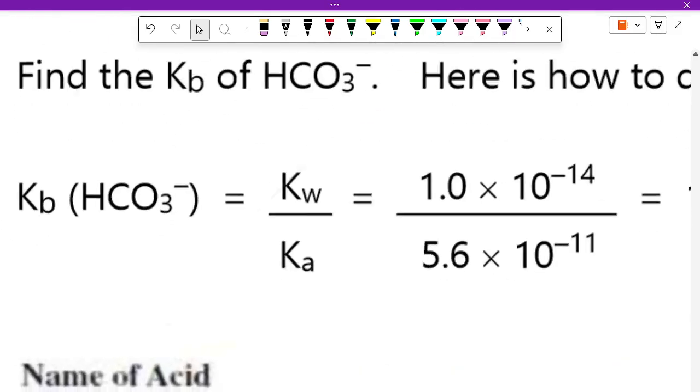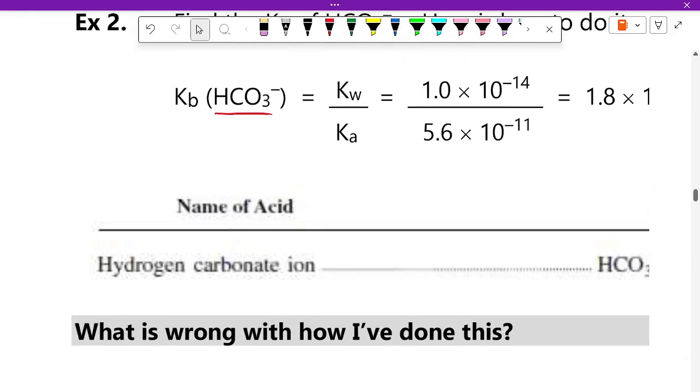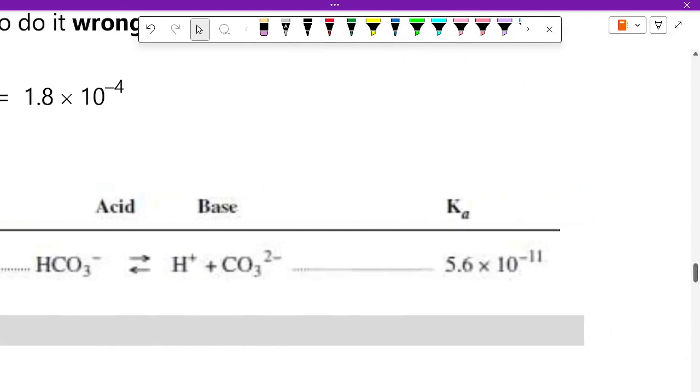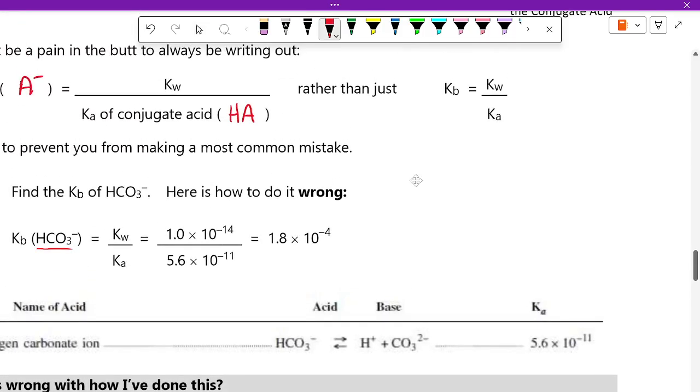If we do Kw over Ka, most people's first instinct is to say HCO3 has a Ka value, and that Ka value for HCO3 is 5.6 times 10 to the negative 11. And that is wrong.